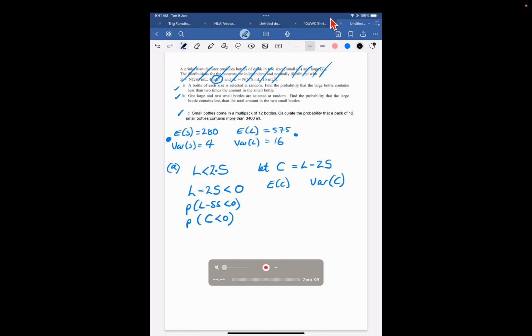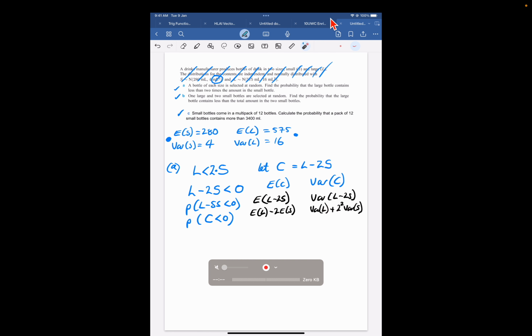Over here, E of L minus 2S, and here var of L minus 2S. Now the expectations we combine in the way you would expect. So if you want the full workings out, E of L minus 2 E of S, and over here var of L plus 2 squared var of S. A number of things are unusual about that: even though we're subtracting, we still add the variances.